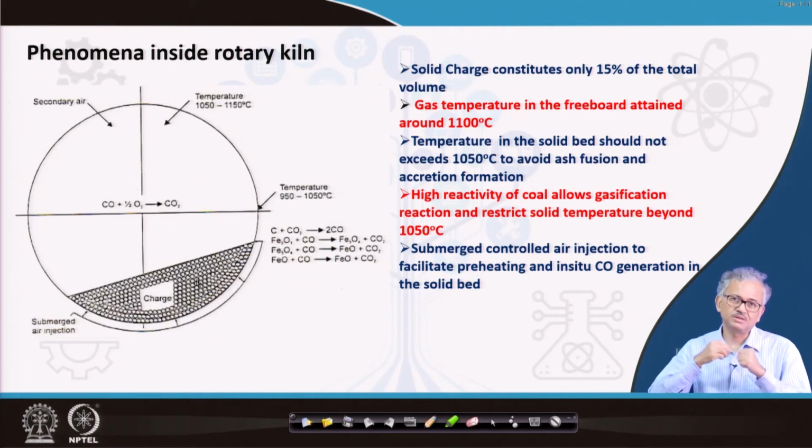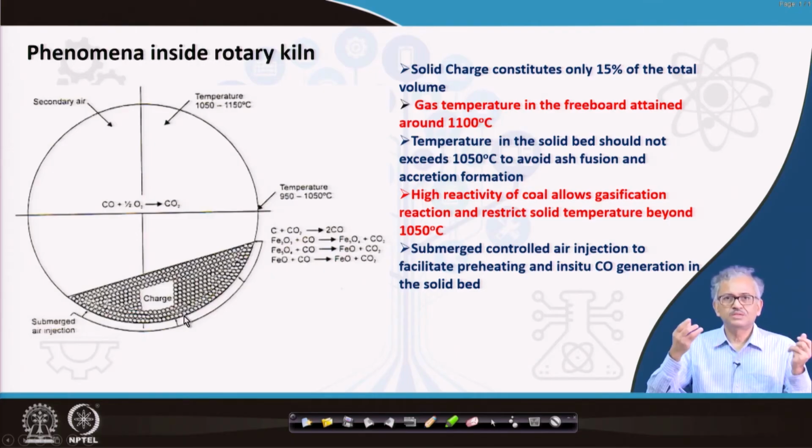So high reactive coal allows gasification reaction and restricts the solid temperature beyond 1050. Sometimes you can use some coal with a high reactivity such that the gasification reaction inside the solid bed moves at a faster rate. And gasification reaction is endothermic, that will basically control the temperature of the solid bed. That is one way of doing it.